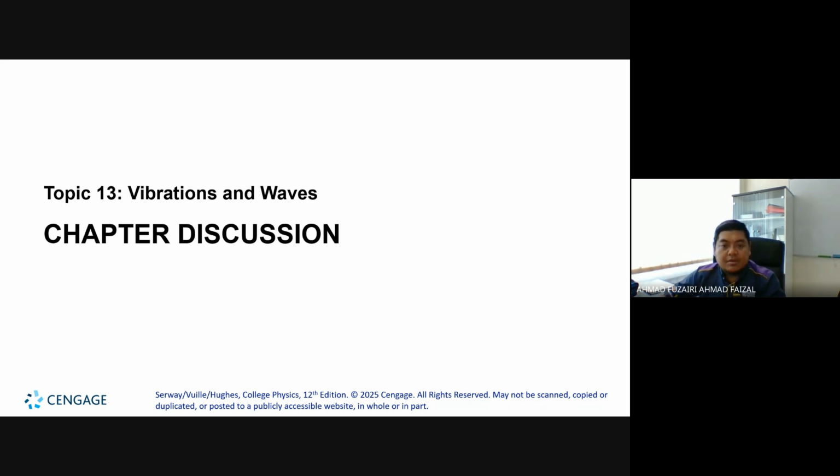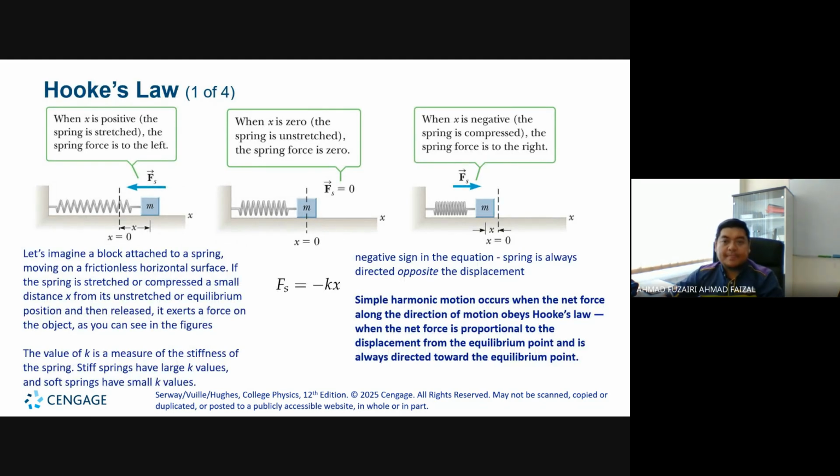Now let's look at the first figure. The first figure is about the force exerted by a spring on an object varying with the displacement. Let me use the laser pointer. Let's imagine a block attached to a spring moving on a frictionless surface.